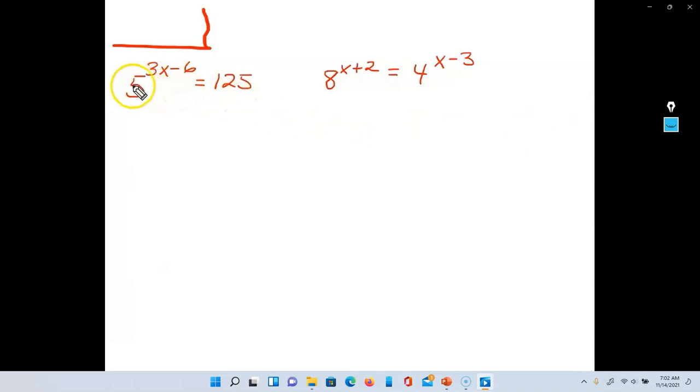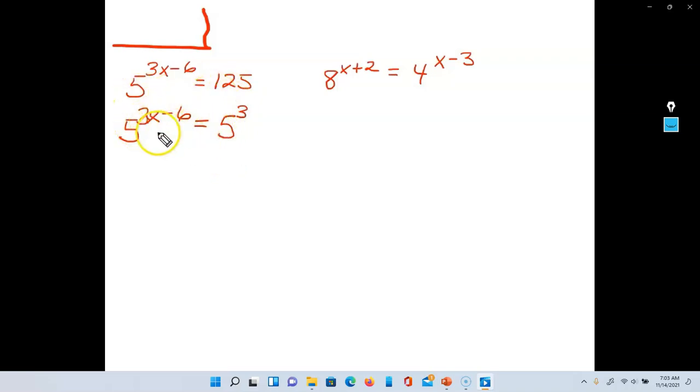So here we have a base of 5 and a base of 125. Well, we want to see if we can get the bases looking alike. So this one is okay, 5 to the 3x minus 6. And would you go along with this? 5 to the third power.